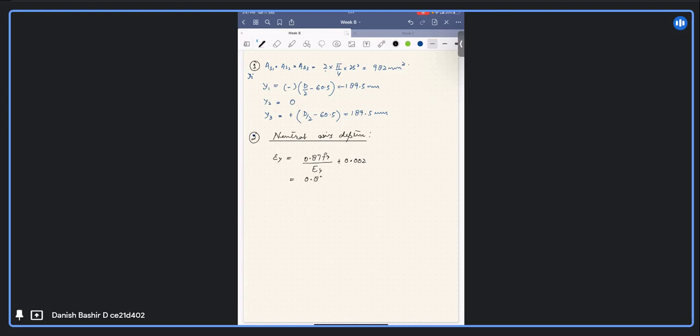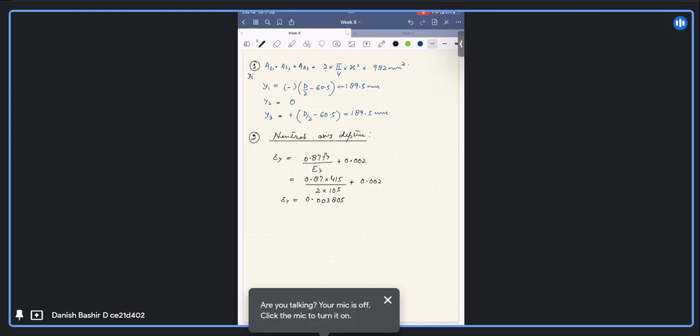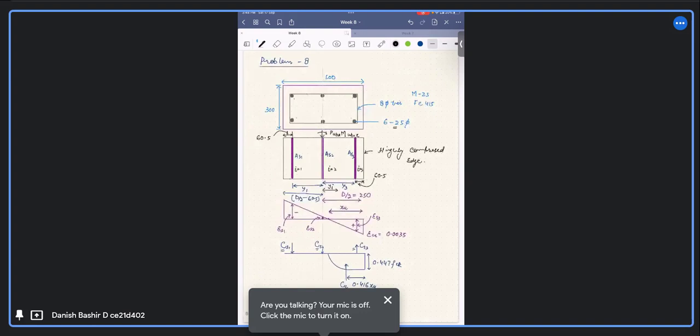We have used Fe415 steel, so 415 divided by Young's modulus, which is 2 into 10 power 5. All these units are consistent. You can check: 0.002. You will get a value of 0.00380 as the yield strain in steel, epsilon y.